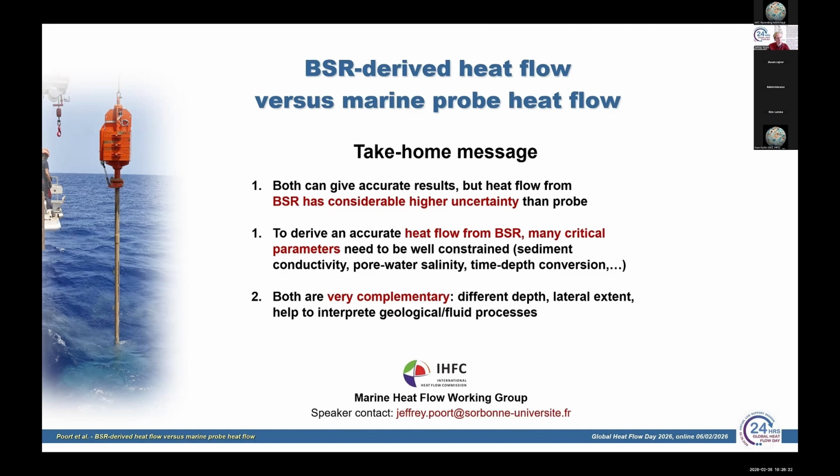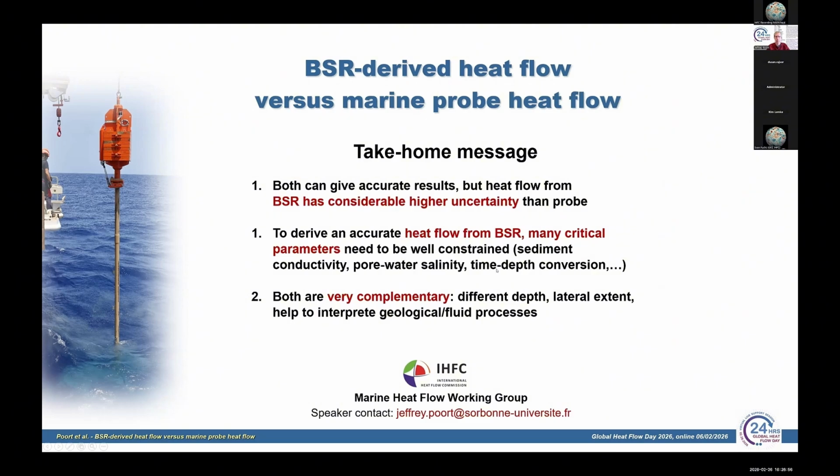Well, to resume, the take-home message is that both BSR-derived heat flow and marine probe heat flow can give accurate results. But heat flow from BSR has higher uncertainties than the probe. The second message is that to derive an accurate heat flow from BSR, many critical parameters need to be well constrained.